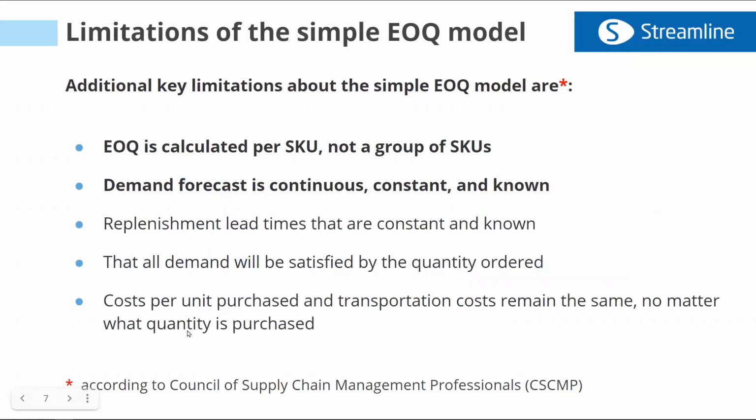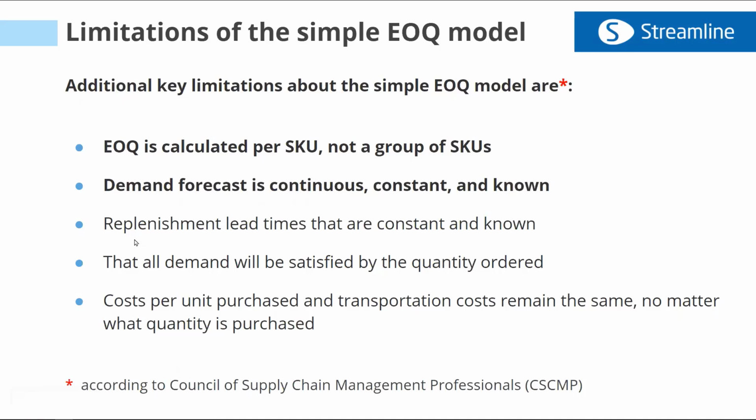And if we look into a handbook, all the limitations of the simple EOQ model are well known. For instance, EOQ is calculated per SKU. Demand forecast is constant. That's our assumptions and also limitations for the simple EOQ calculation.